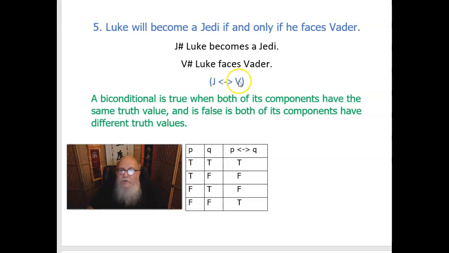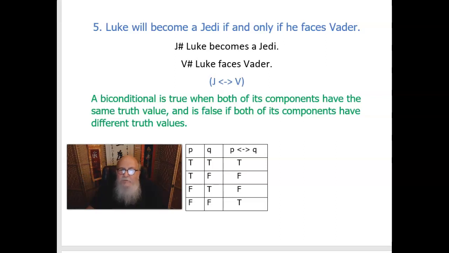J if and only if V. And this is called a biconditional. A biconditional is true when both of its components have the same truth value, and it's false if both of its components have different truth values.